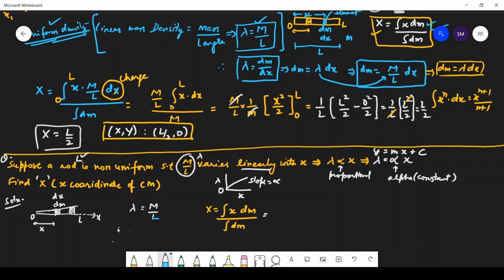So let us write it a little bit more systematically. This lambda is nothing but alpha into x, and if we take a small element, its mass will be dm and its length will be dx. So what is the value of dm here?